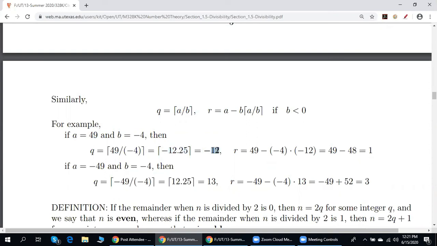We have to go from the right. We plug in negative 12 here, a remainder is 1. In contrast, ceiling of 12.25 is 13, smallest number, which is greater or equal to this. We plug in 13 here, a remainder is 3.